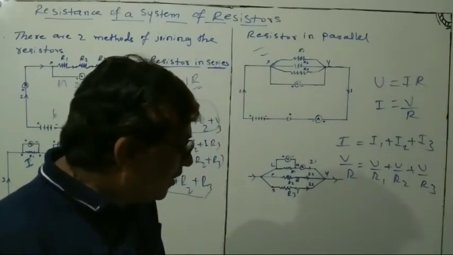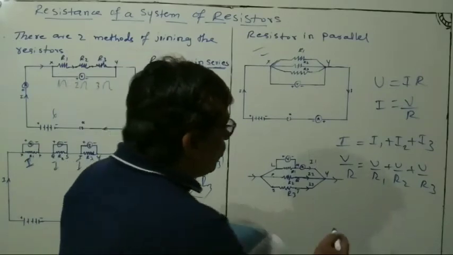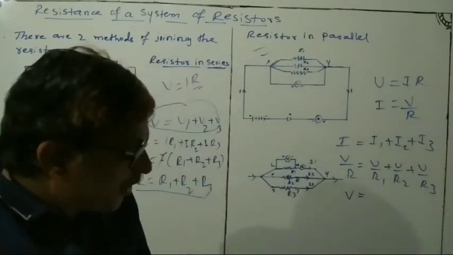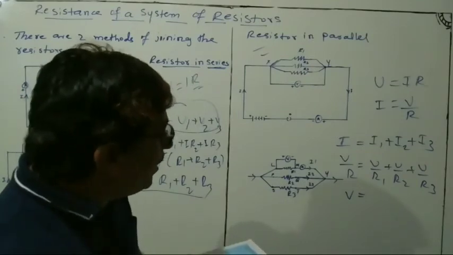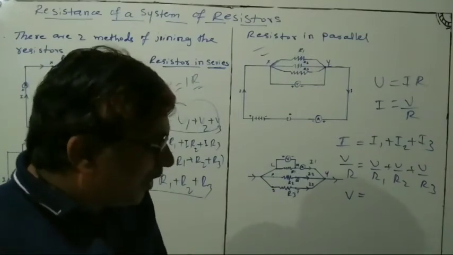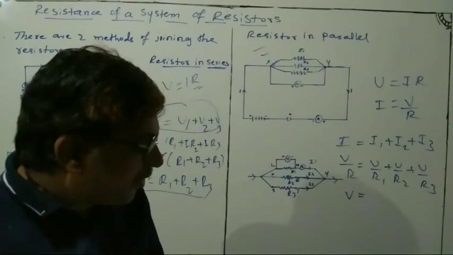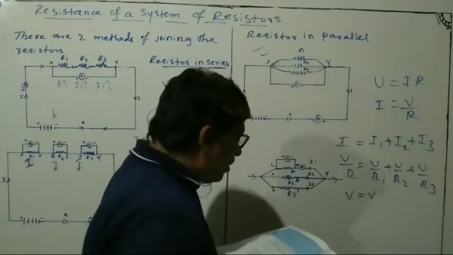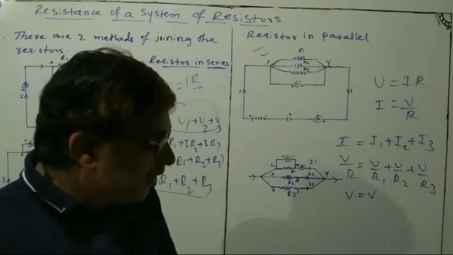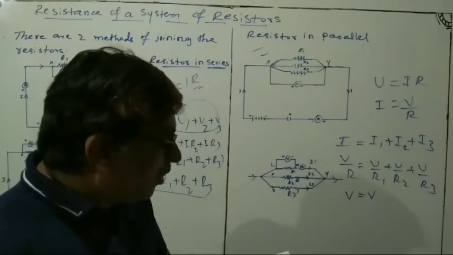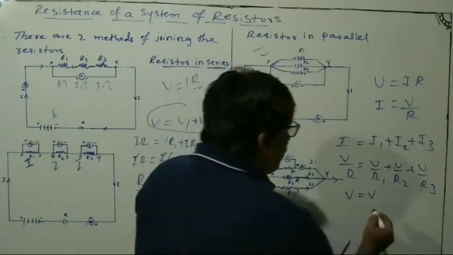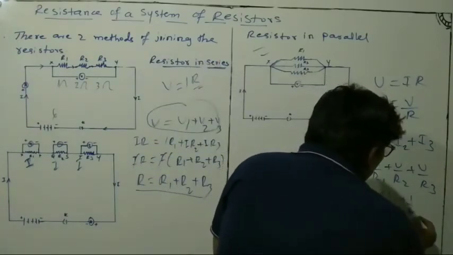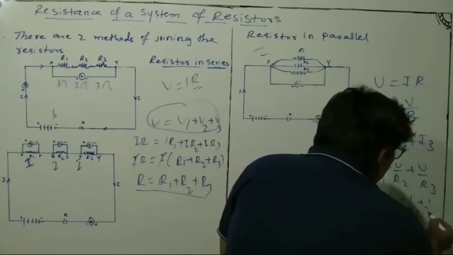Now V is common here, so I is equal to V times 1 upon R1 plus 1 upon R2 plus 1 upon R3.